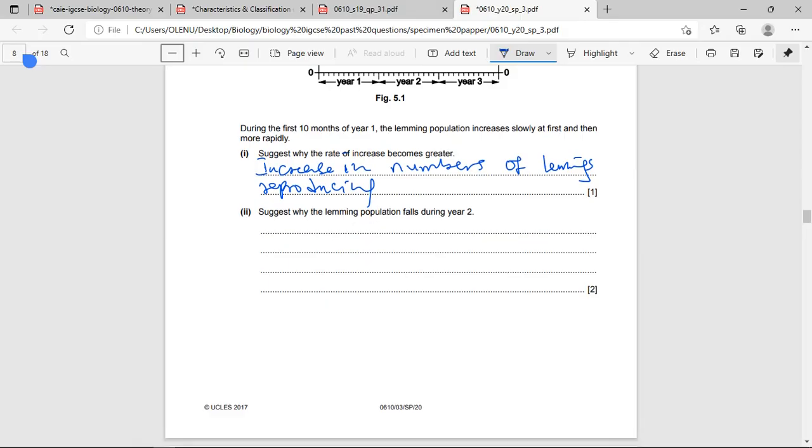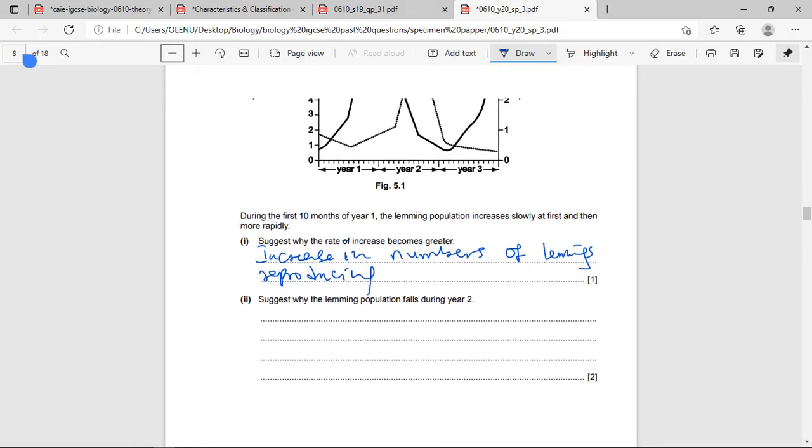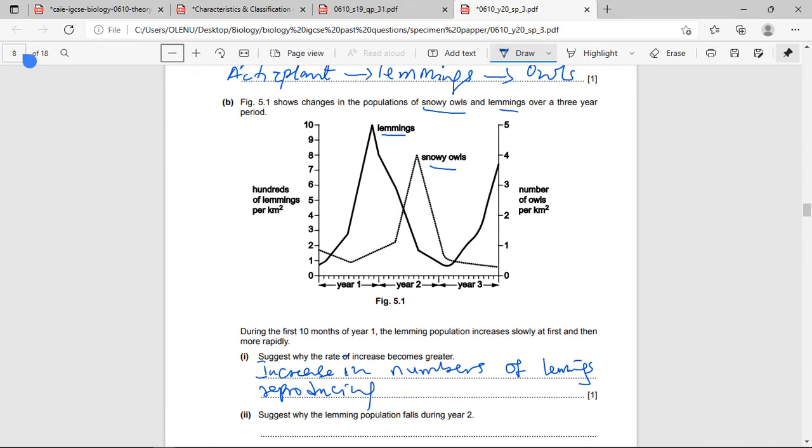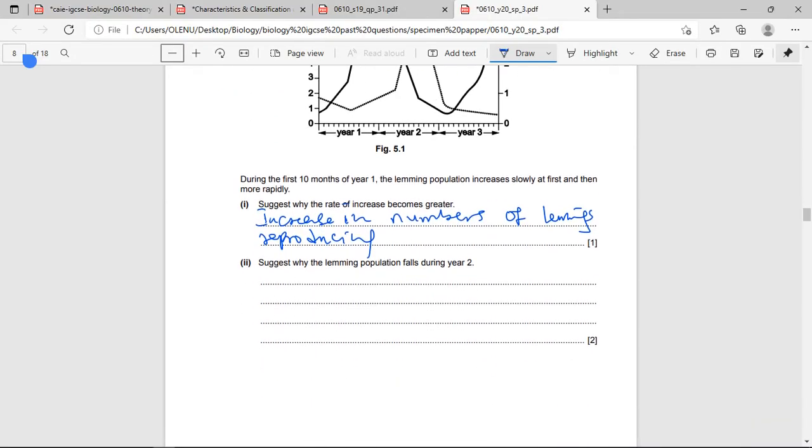Suggest why the lemming population falls during year 2. Remember, snowy owls feed on lemmings and it drops. So if the snowy owl population increases, that means they will consume more lemmings. So first, I can say snowy owl population increases, and that will give me 1 mark.